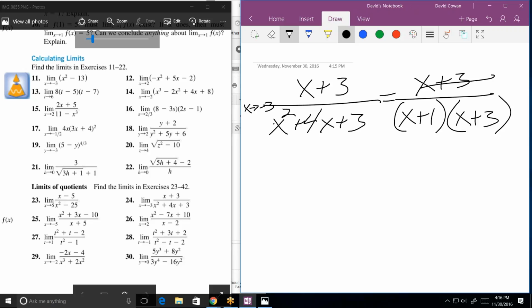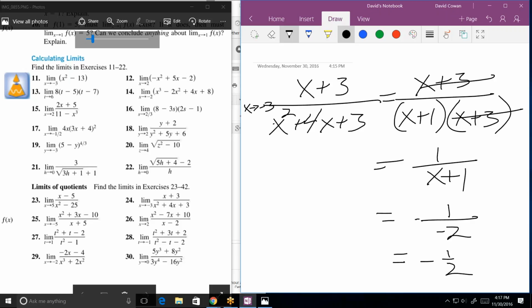And those cancel, and I'm left with 1 over x plus 1. And now what's the limit? We just substitute the negative 3 in, so it would be negative 2. Negative 1/2. Correct. In other words, it's still 1 over the negative 2, negative 1/2.